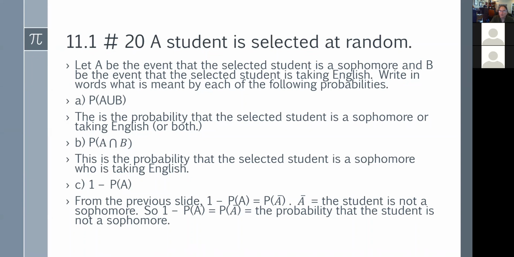And A complement is the event that the student isn't a sophomore. So 1 minus the probability of A is the probability of A complement, and so that's the probability that the student is not a sophomore.